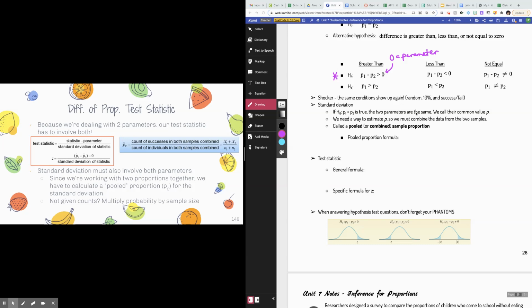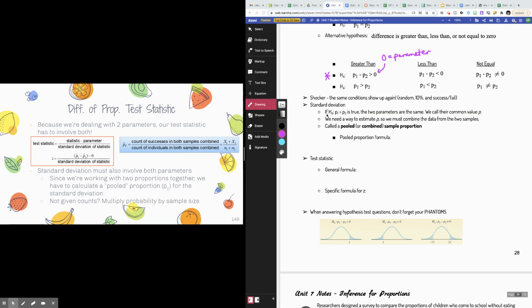Because we're dealing with 2 different parameters, our test statistic and our standard deviation have to involve both of them. So when we run a 2 proportion Z test, we're assuming that the 2 population values are equal.